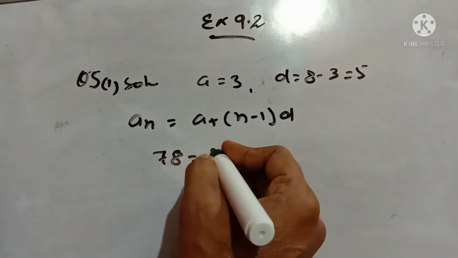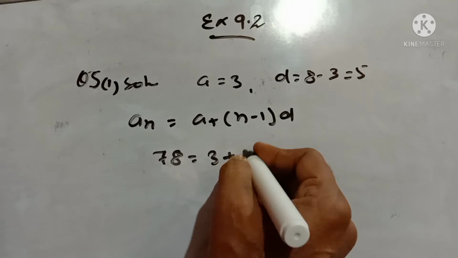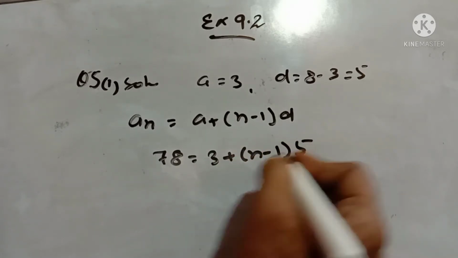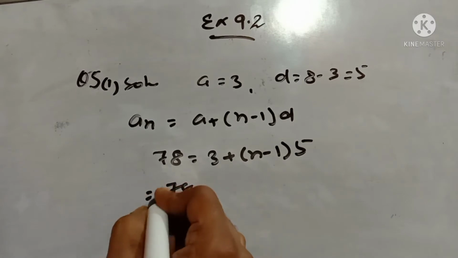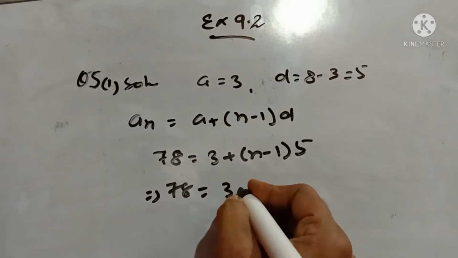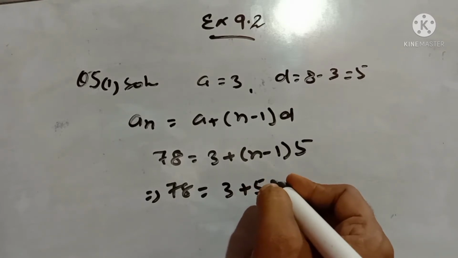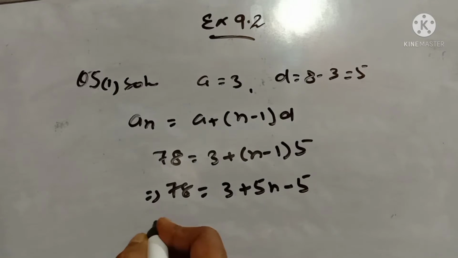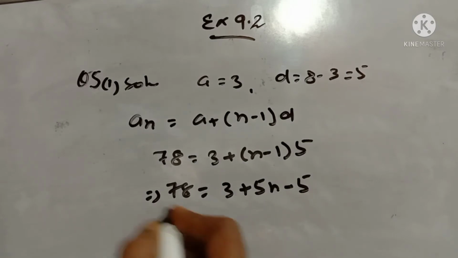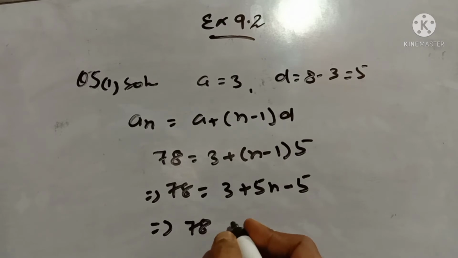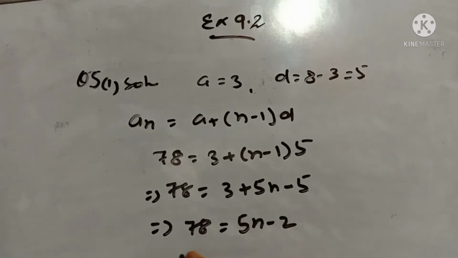So 3 plus n minus 1 into d, which means 5. This implies that 78 is equal to 3 plus 5n minus 5. 78 is equal to 5n minus 2.